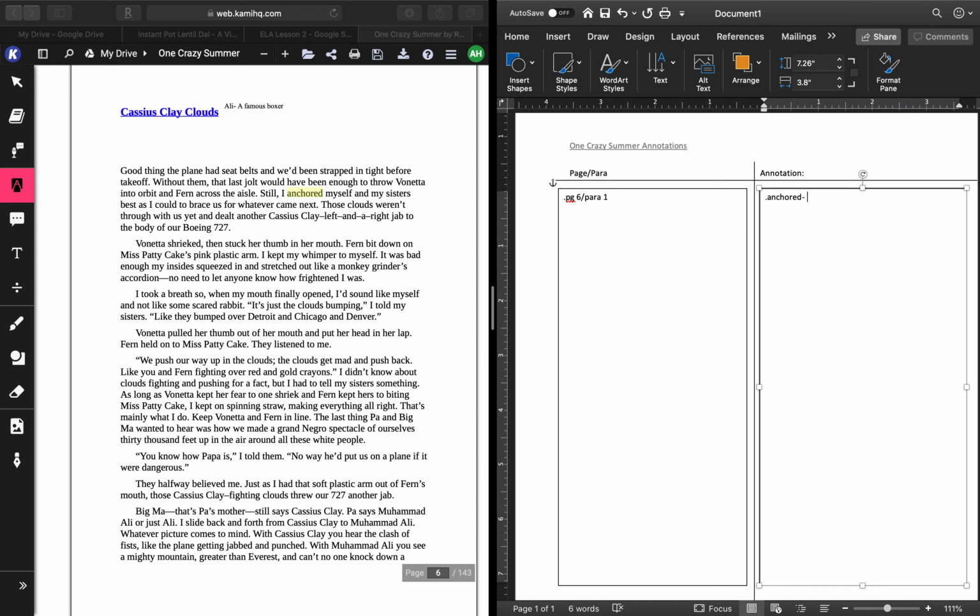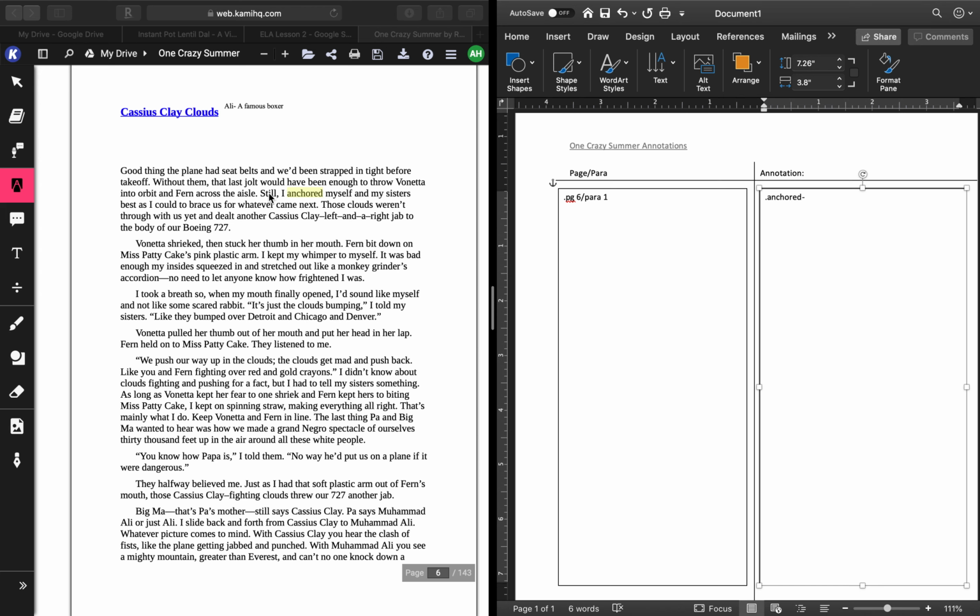Now, what do they mean by that? Let's look at some context clues. Still, I anchored myself and my sisters best I could to brace us. So when you're bracing, right, you're preparing for something, for whatever came next. We also see that she was being jolted around. She said the last jolt would have been enough to throw Vanetta into orbit and Fern across the aisle. So they're experiencing a rough flight, right?